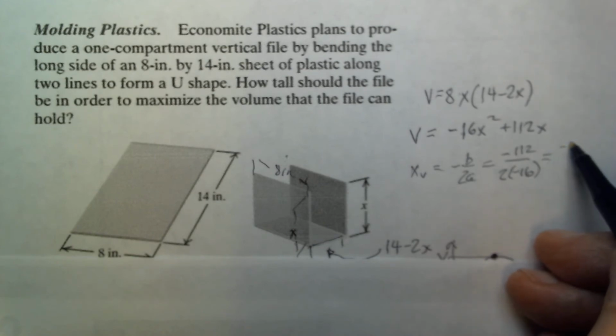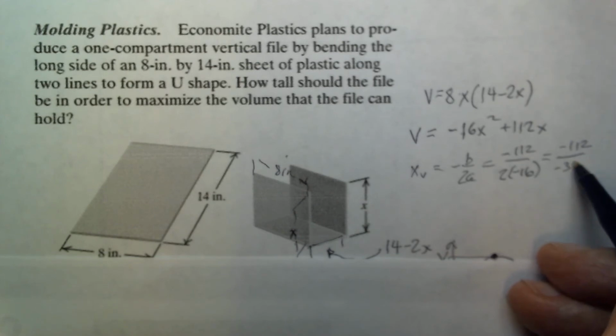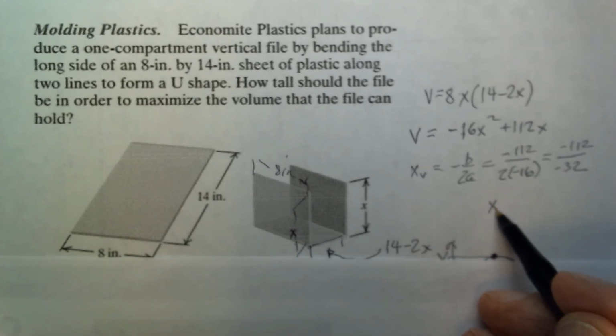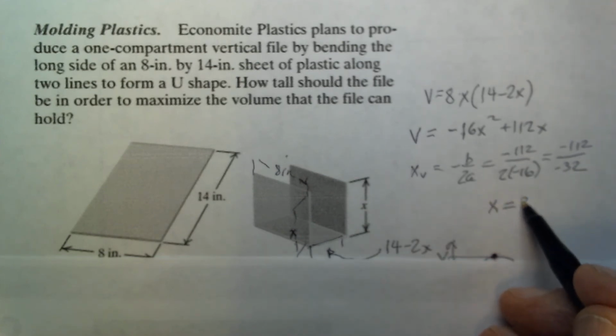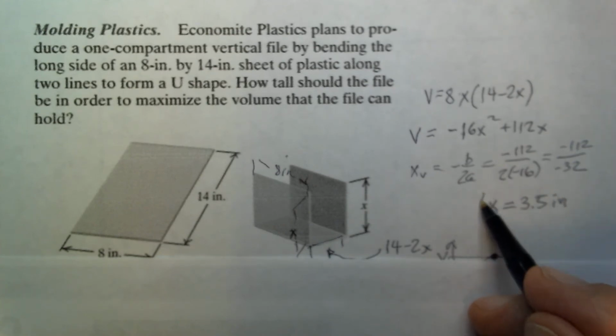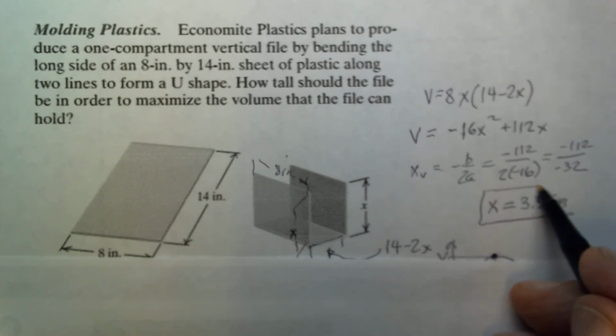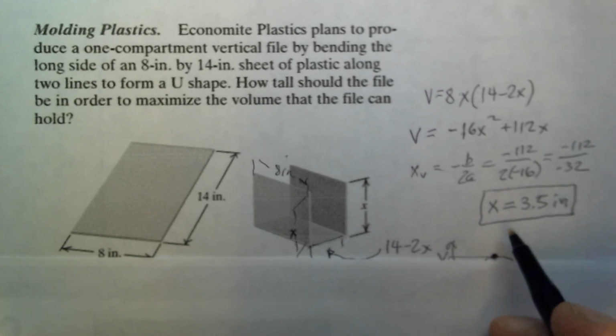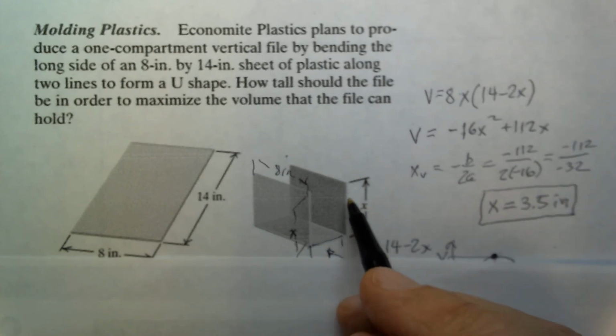That's equal to -112 divided by -32. So that means x equals 3.5 inches. So that's how high it has to be bent up.